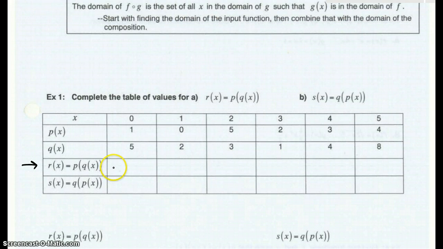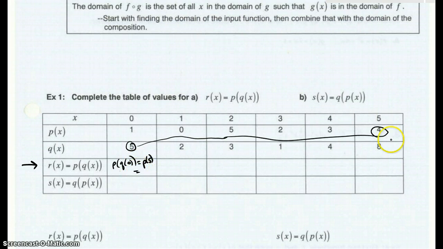So this first cell would be p of q of 0, which means I have to find q of 0, which is 5. And then that becomes the input for the next one. So then we find p of 5, which you can see on the chart equals 4.